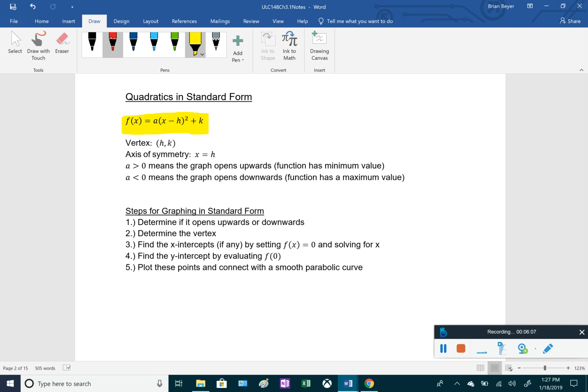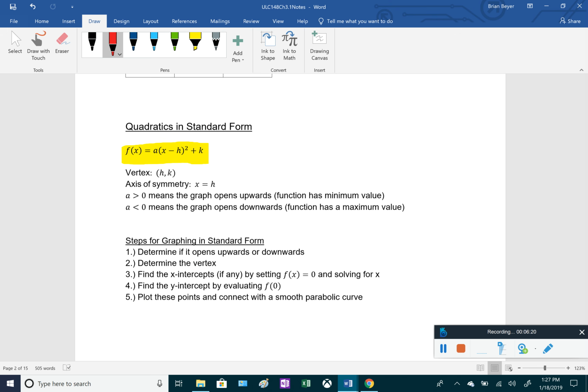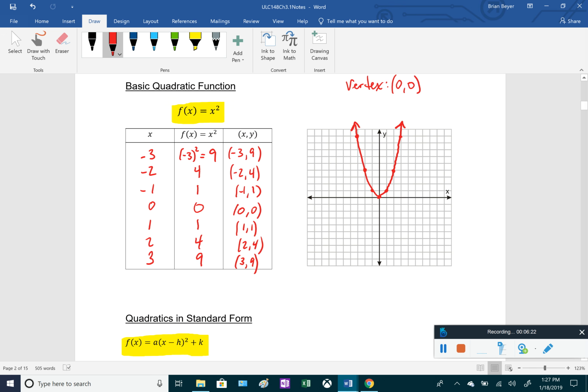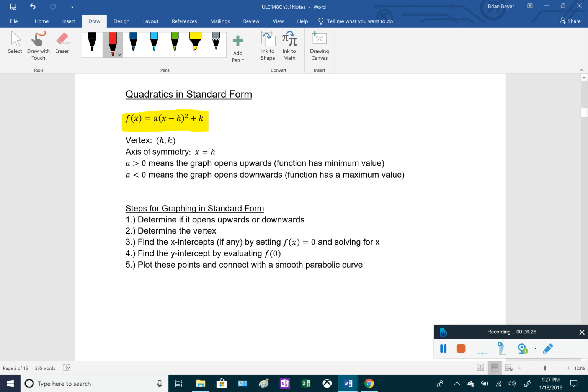So the vertex in standard form is going to be just h comma k. It's the xy coordinate h comma k. So this comes down to the transformations of functions. Going back up here real quick to the basic function, the vertex is at 0, 0. This x minus h here means we're moving it horizontally h units.